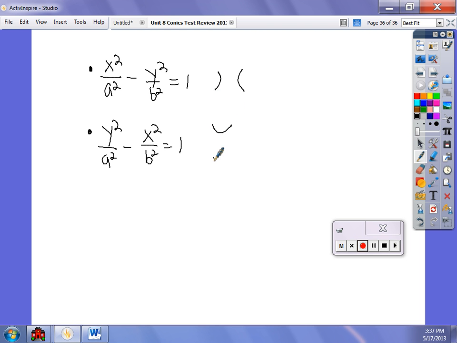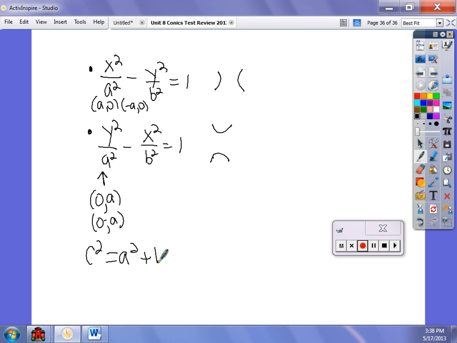This equation is vertical, you're going up and down. Your vertex is here on the y-axis. And your vertex here is on the x-axis. Okay, your focus is going to be equal to the Pythagorean theorem. So just remember that.